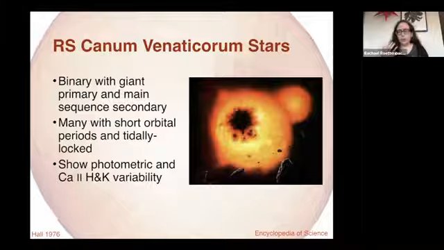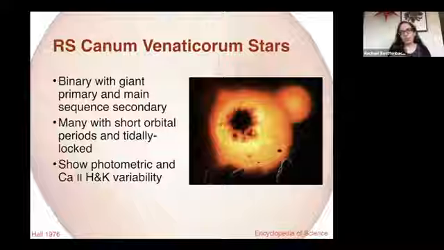And they also show lots of evidence of having a lot of activity in calcium H and K and H alpha emission. These stars have enormous spots because, compared to the sun, they have really deep convective zones, and they're rotating much faster than the sun is.